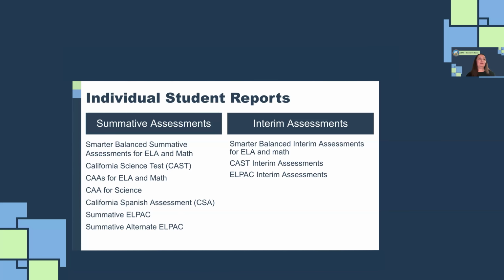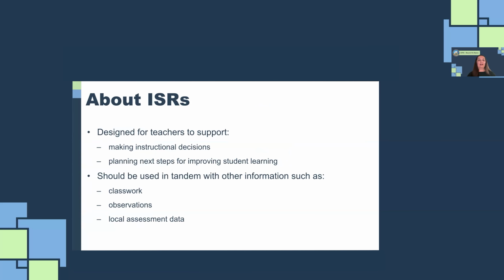Now, ISRs help us provide a summary of just how students are doing as measured by the assessments that you're selecting for each report. ISRs are designed for teachers to support making instructional decisions and planning next steps for improving student learning. These reports are one of many measures that assess students' academic progress.